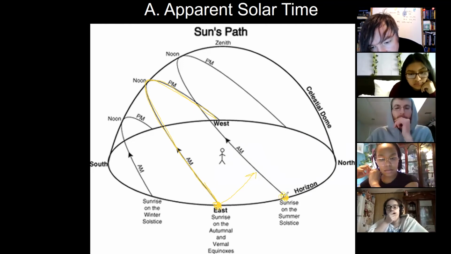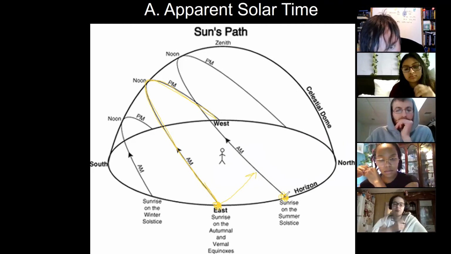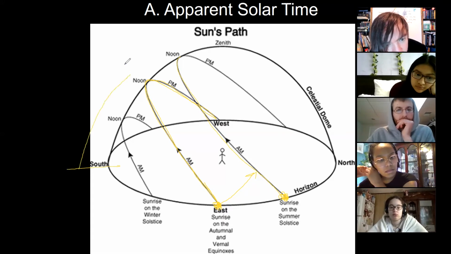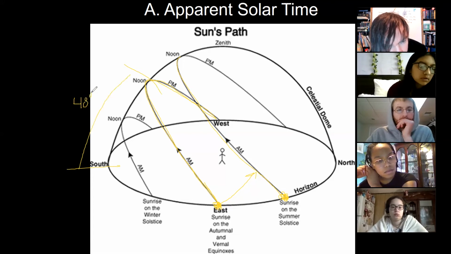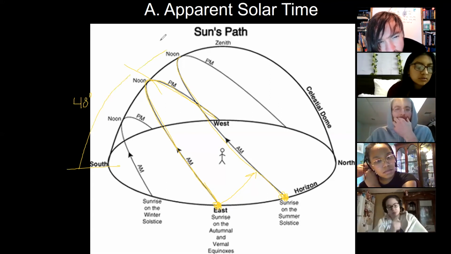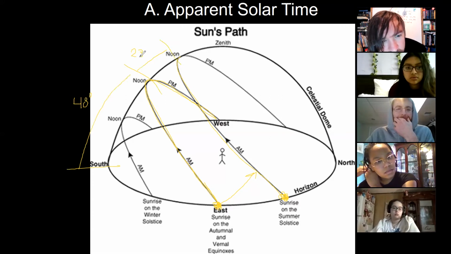On the summer solstice, the sun is 23.5 degrees above the celestial equator. So it's going to rise a little bit north of east. It's going to come up to a maximum altitude of, let's think about this, from south to the celestial equator is 48 degrees. From the celestial equator to the summer solstice, that's 23.5 degrees.